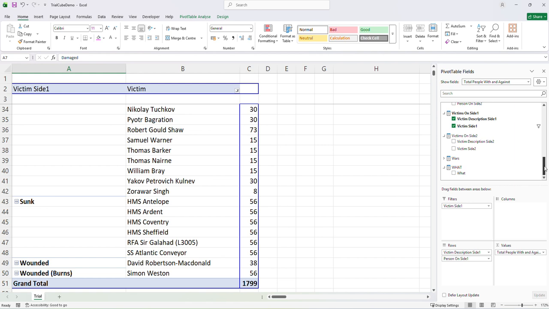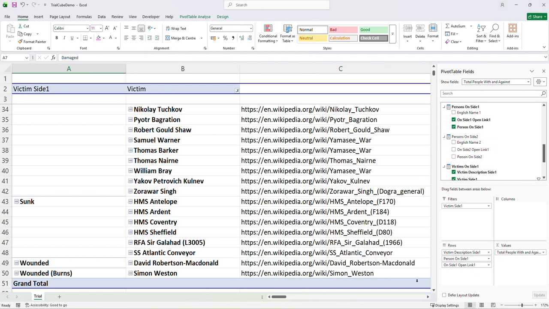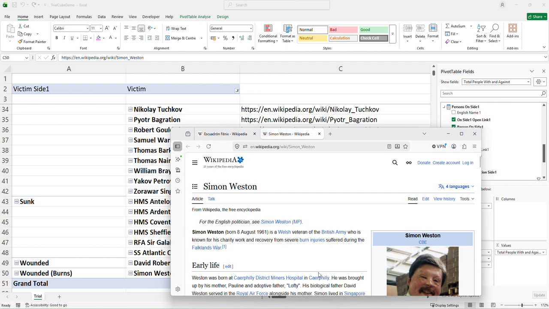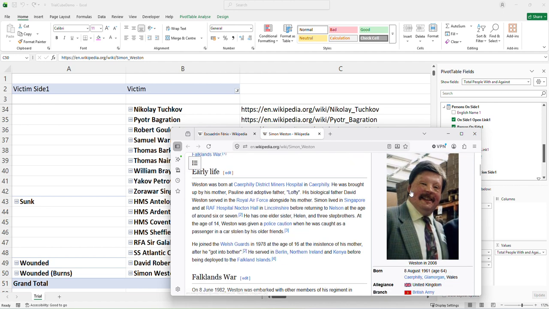If I want to know more about a particular person, I just need to bring in the link. If I bring in the link here and look at Simon Weston, it clearly shows that he suffered some burns in the war that he fought.